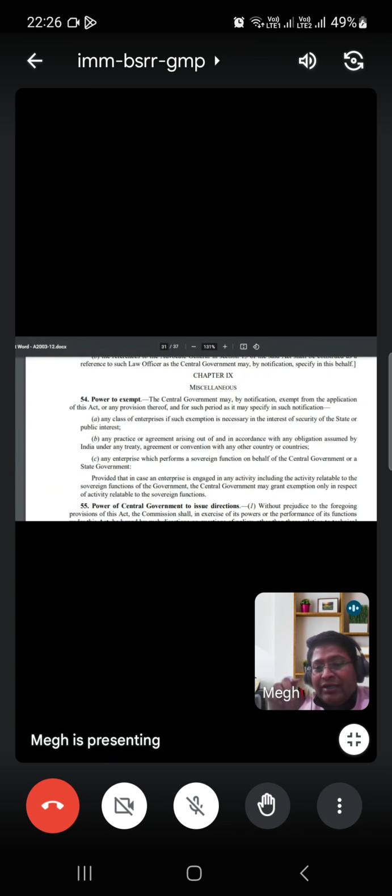Specifically, if you see section 2H, person and government department: whether it is a government department or a person, if business is being done through it, then that is an enterprise, and both will be treated at par. Section 3, Section 4, Section 5 will apply at par to any business that is done through enterprises or through a government department.